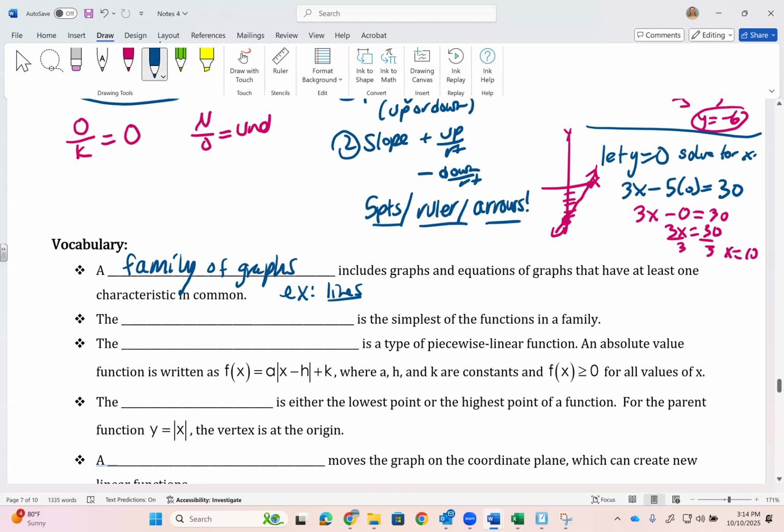And so the parent function is going to be the very simplest graph. That is going to be, in my opinion, the most important word to look at, the parent function. Absolute value.